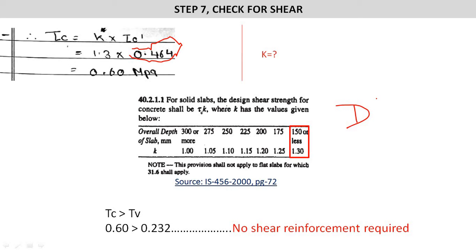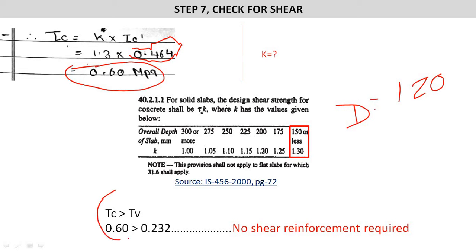In our case the depth of this slab is 120 mm, which is less than 150. So we will use the value of k, or the coefficient, as 1.30. We will multiply with 1.30 and we will have the value of tau c as 0.6 MPa.